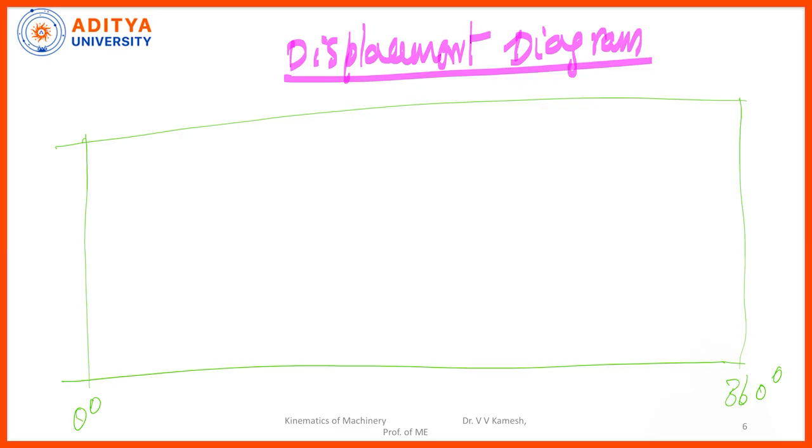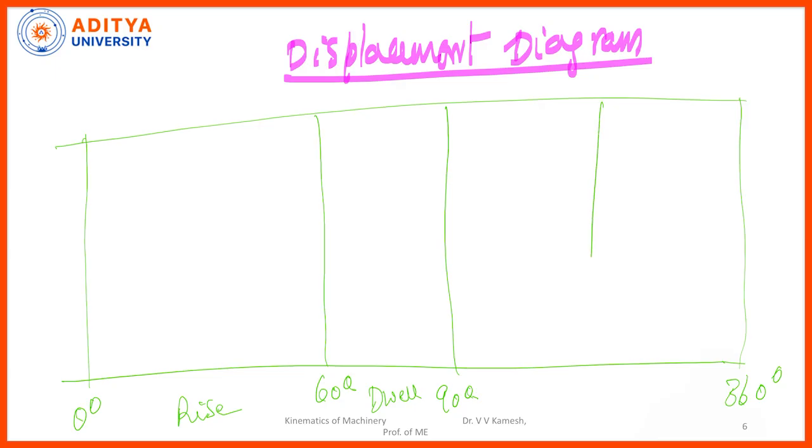For our convenience, I am not making it proportionate. So, I am taking this as 60 degrees, next 30 degrees, so 60 plus 30 is 90. Next, 60 degrees more, so 90 plus 60 is 150. I am taking this as 150.